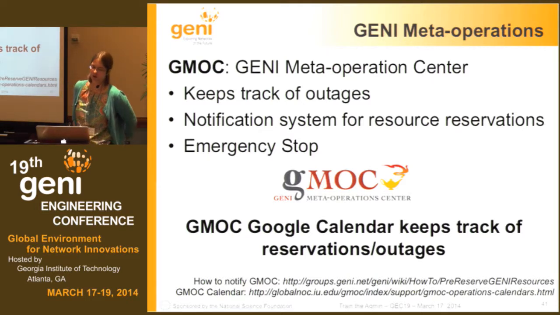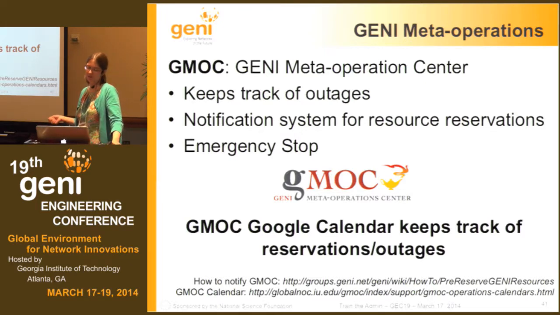But there's still this need, in terms of debugging and tracking what's going on in the world, to have this layer above that, and we call that meta operations. The idea is that if there's a problem or some major event planned, you can keep track of what's happening.